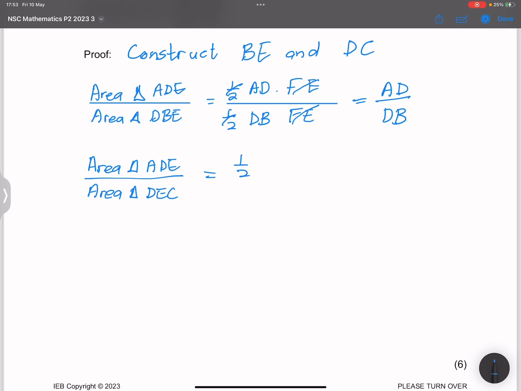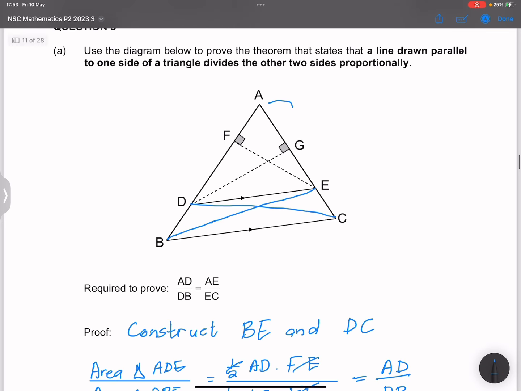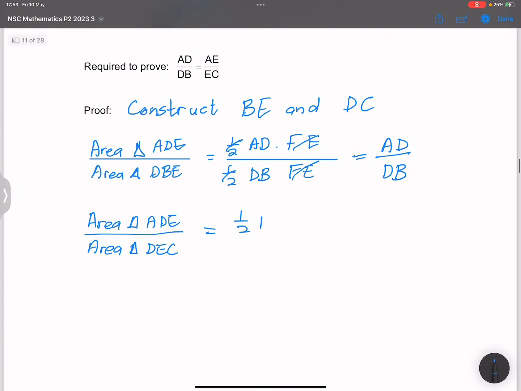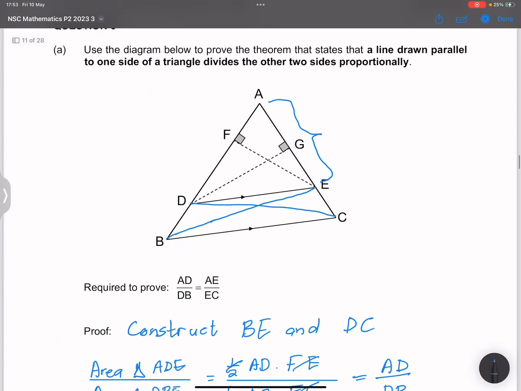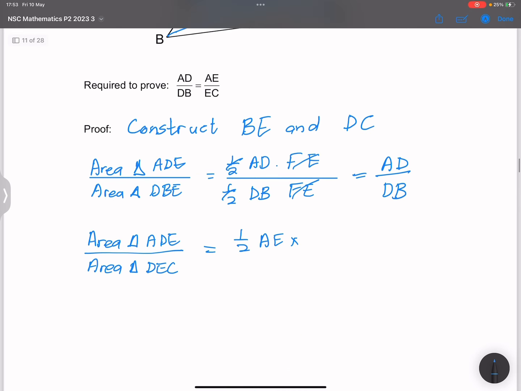Note the base is going to be AE, multiplied by the perpendicular height, which is the line DG. That's DG. So divided by, let me just write that nicely.